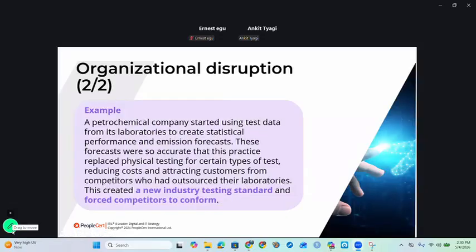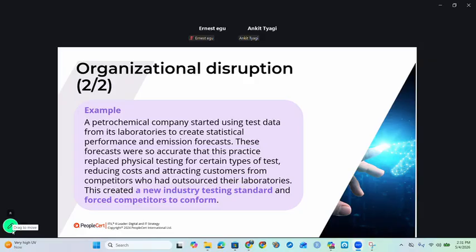Example of an organizational disruption. A petrochemical company started using the test data from its laboratories to create a statistical performance and emission forecast. These forecasts were so accurate that this practice replaced the physical testing for certain types of tests, reducing cost and attracting customers from competitors who had outsourced their laboratories.